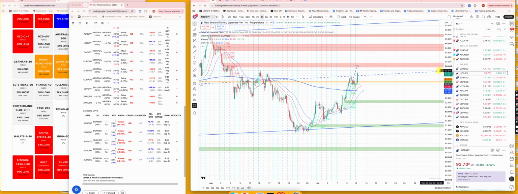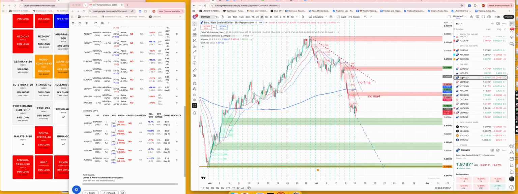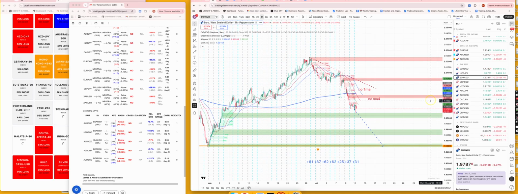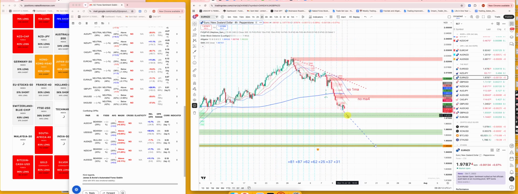It's doing the dance, but we don't have any numbers. Euro New Zealand did the dance. Has it printed? No, we don't have the numbers to buy that.